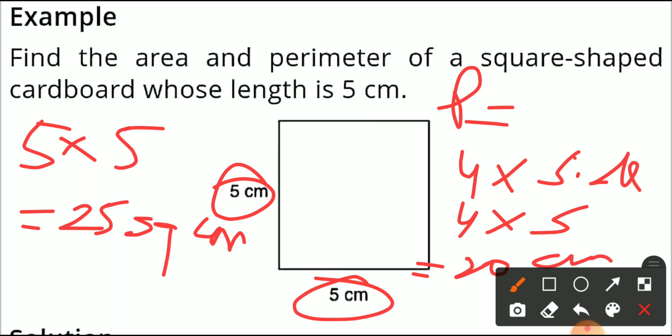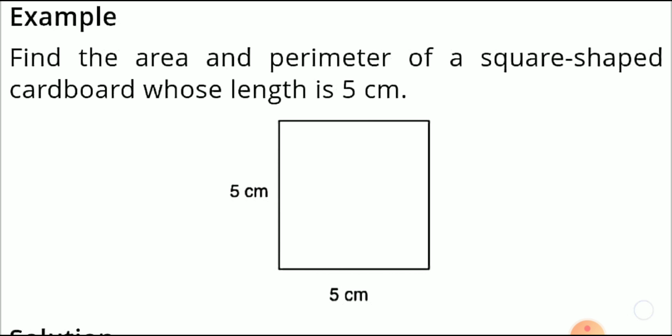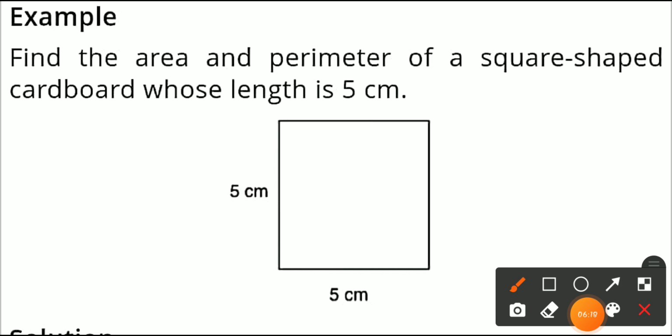One more thing you have to notice here: in area we use square units, whereas in perimeter we use only a single unit. Is that clear? So this is area and this one is perimeter. Now another question: why do we use a square unit in area and not in perimeter?